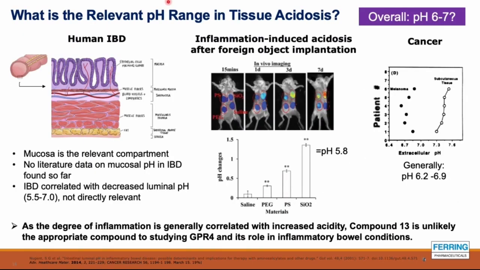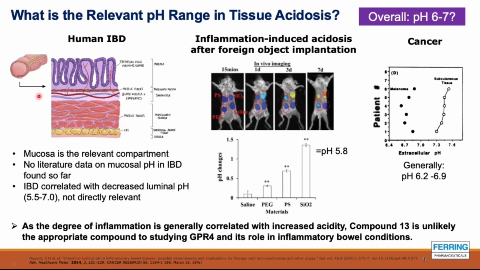It's a little difficult to accurately measure the relevant pH in IBD, in human IBD, but also in the animal models. So I mentioned before that luminal pH in IBD is quite low compared to healthy control, and measured to be between 5.5 and 7. But the luminal pH is likely not the relevant pH.